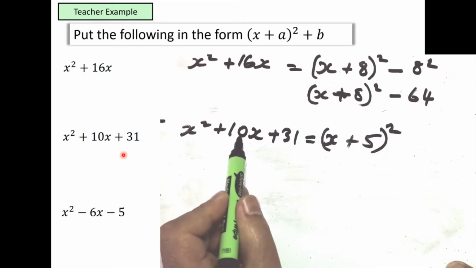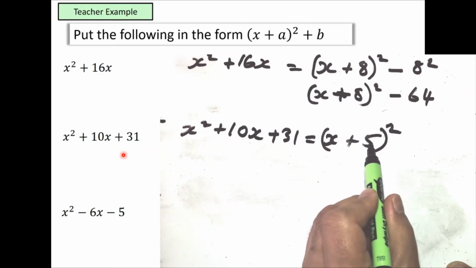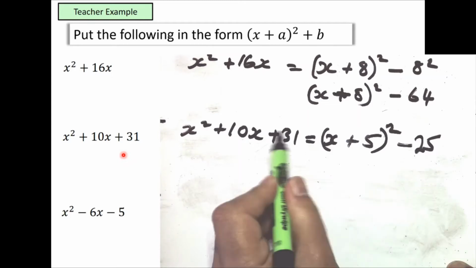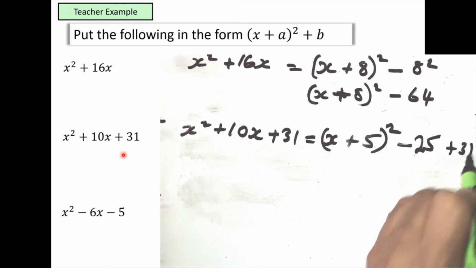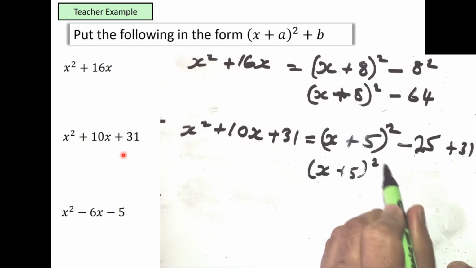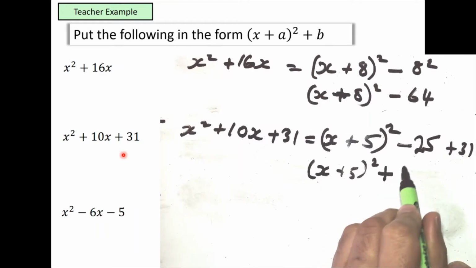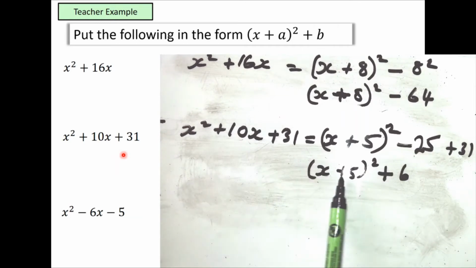Remember, divide this coefficient by 2, that gives me 5, and now square that value, take away 25, and now I need to remember I've still got the plus 31 there. So now I end up with x plus 5 all squared minus 25 plus 31, which is equal to plus 6. So my completed square for this question is x plus 5 all squared plus 6.